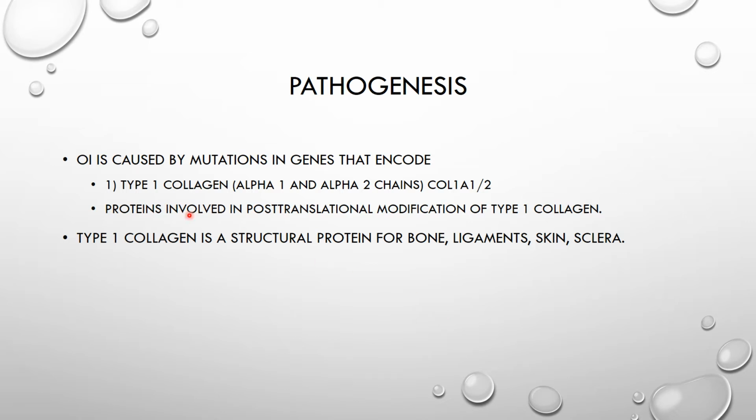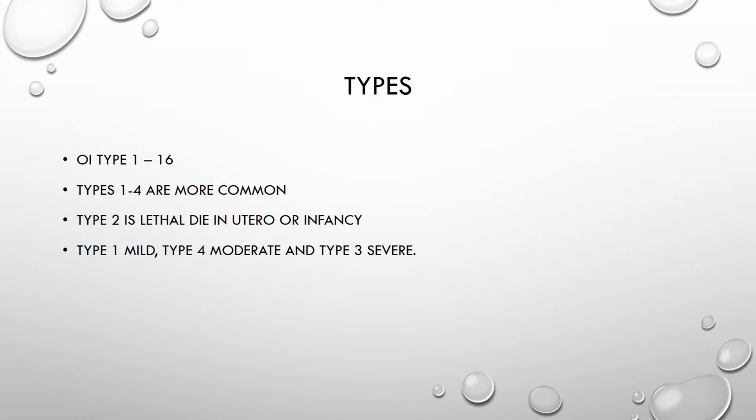Type 1 collagen is a structural protein for bone, ligaments, skin, and sclera. Then the types of osteogenesis imperfecta: there are types 1 to 16, and types 1 to 4 are more common. Type 2 is lethal, with death in utero. Type 1 is mild, type 4 is moderate, and type 3 is severe.